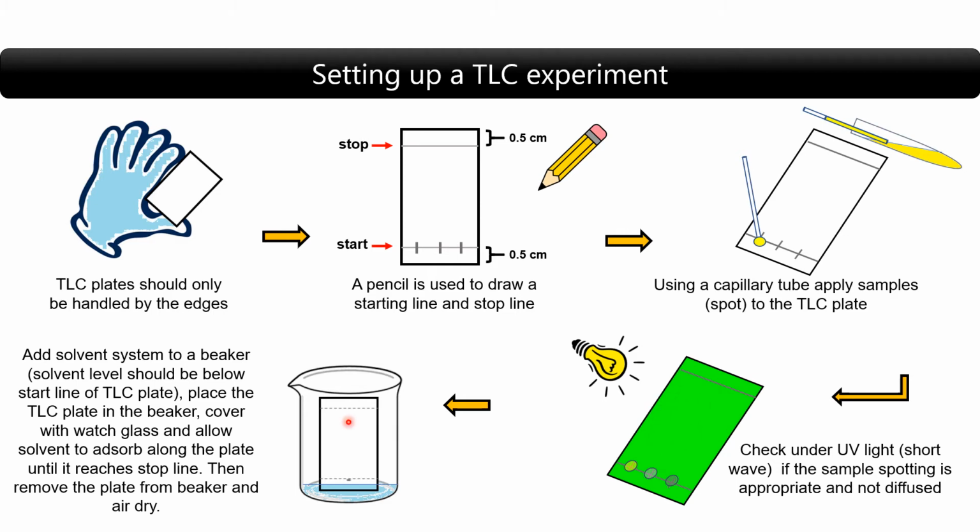Once we make sure of that, we place the TLC plate in a beaker containing the solvent system, and it's very important to make sure the level of the solvent system is below the starting line of the TLC plate, because we want the solvent to move along the plate.